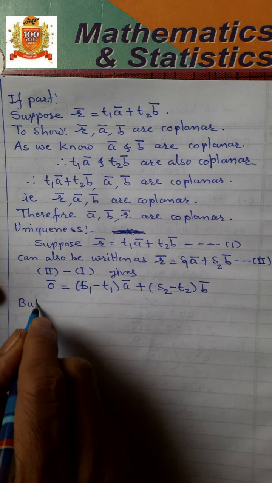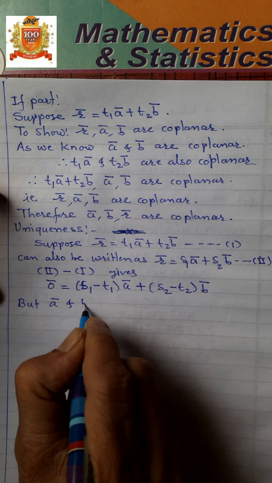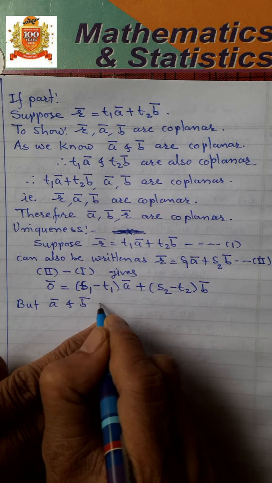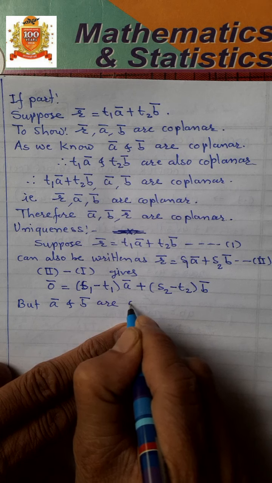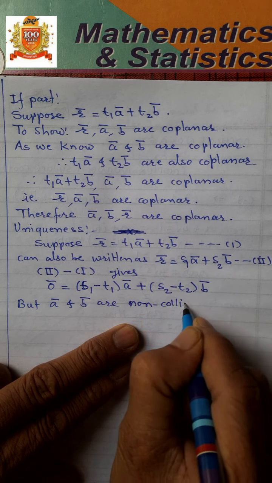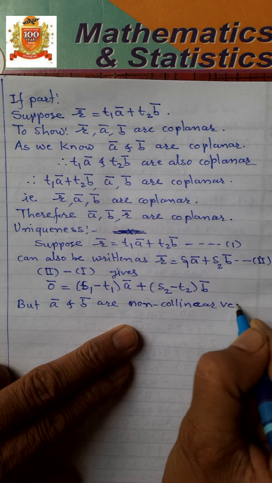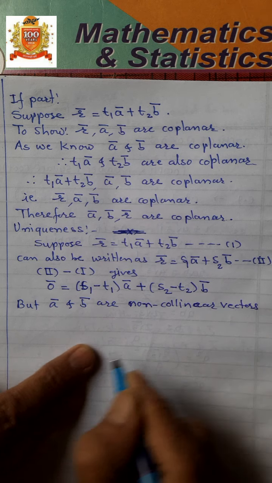But A bar and B bar are non-collinear vectors. It is given.